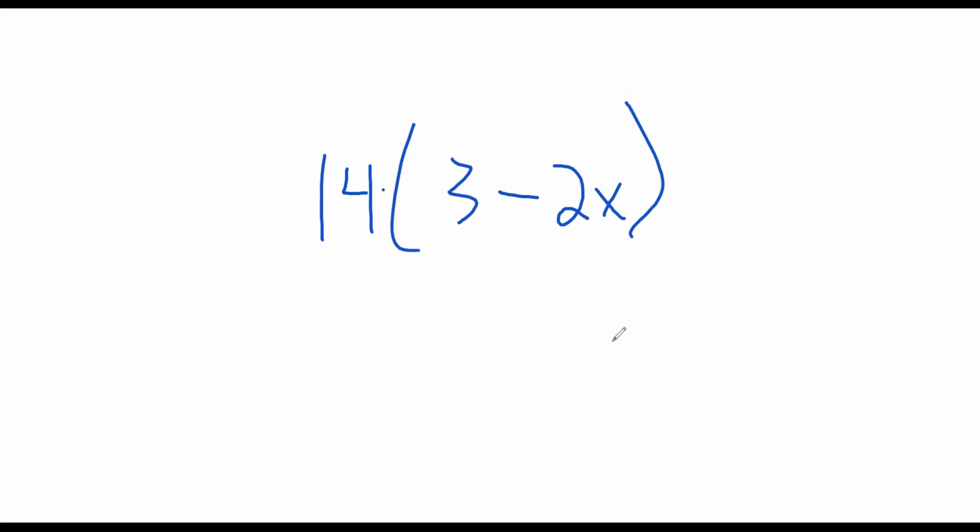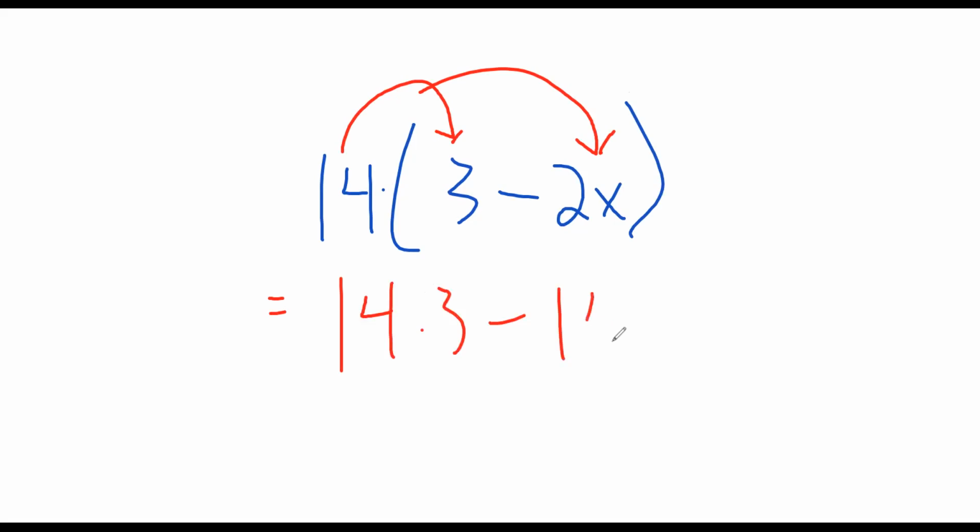All right there, Pilgrim. You're going to do 14 times 3 first. Then you do 14 times 2x. There's a minus in the middle.